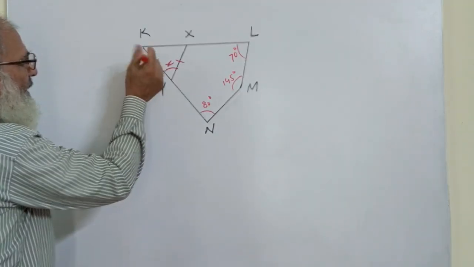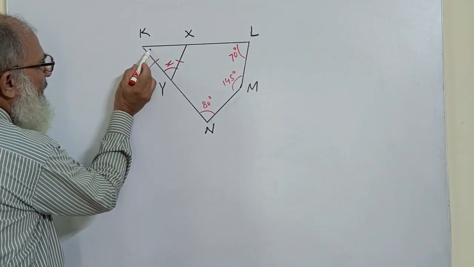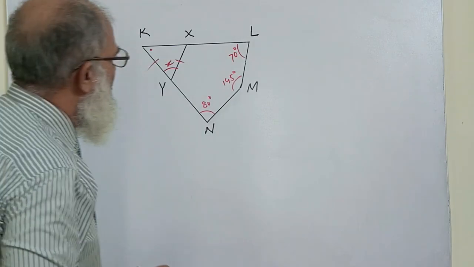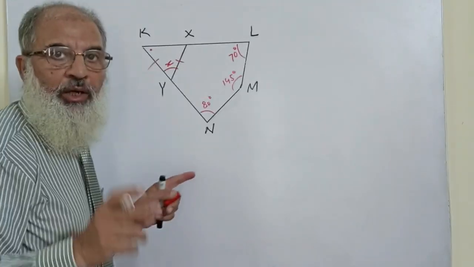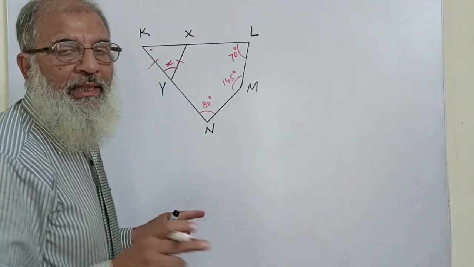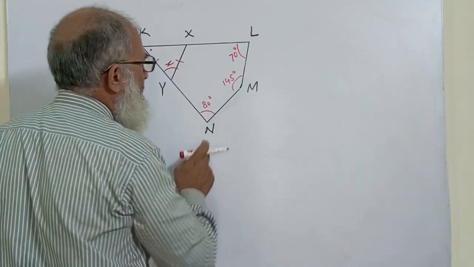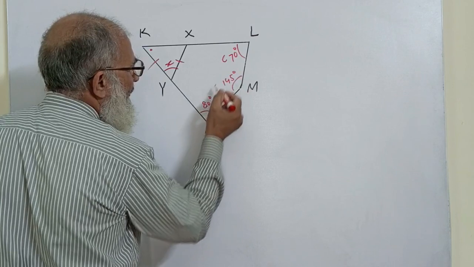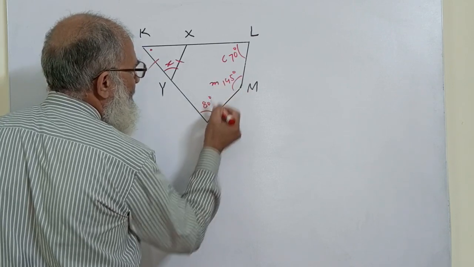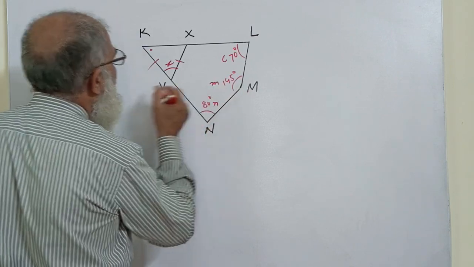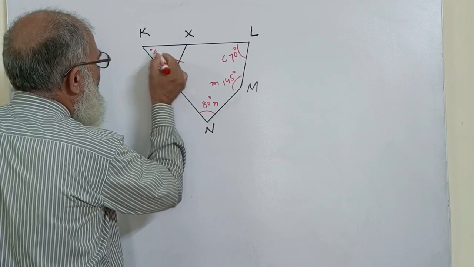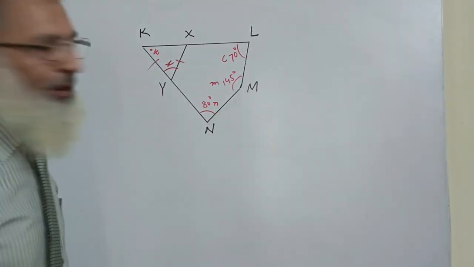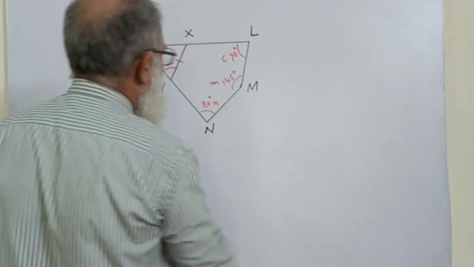We can easily find this angle over here because I have just told you that the sum of the angles of a quadrilateral is equal to 360 degrees. That means this angle is L, this is angle M, this is angle N, and this is angle K. I have written them in small letters rather than writing the full angle.